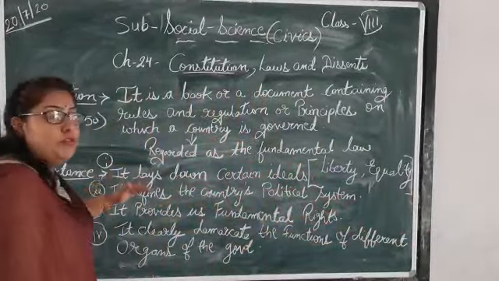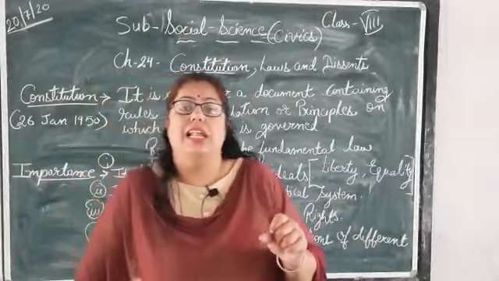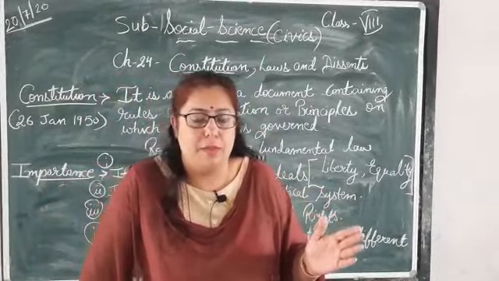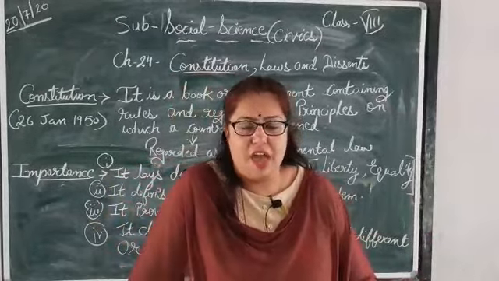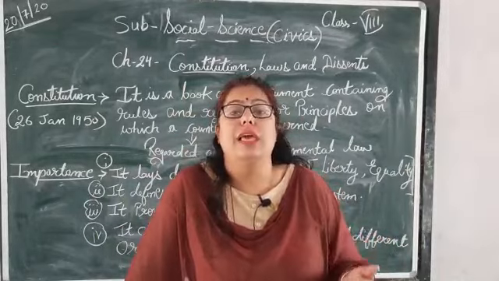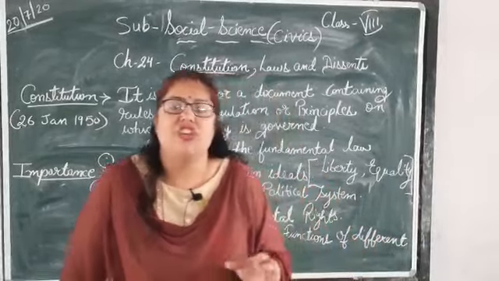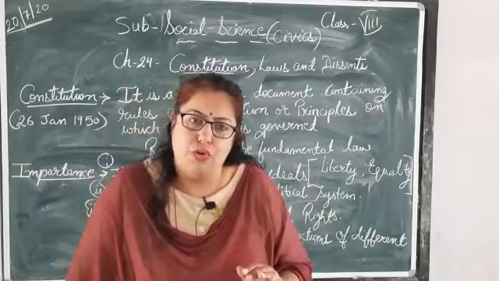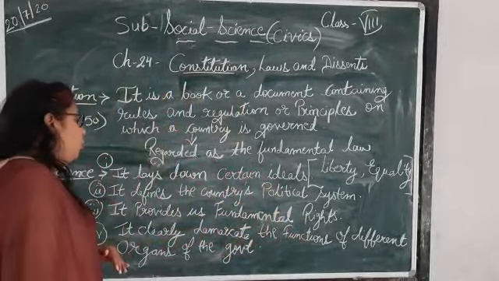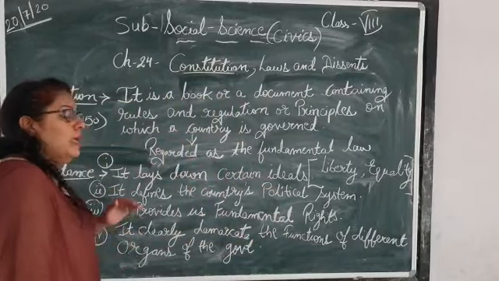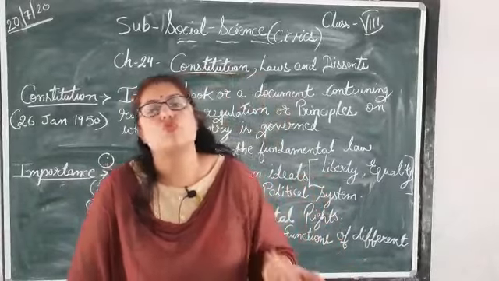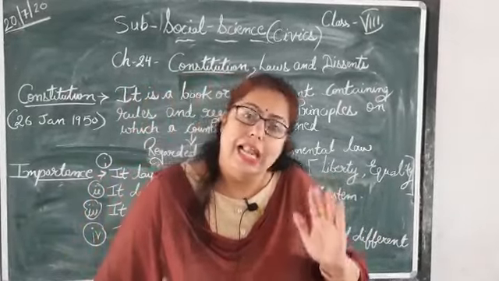Because in our constitution there are certain limitations and laws. What are the powers of the political leaders? Each and everything is written in our constitution. So it sets a political system and protects us from the misuse of power by political leaders.